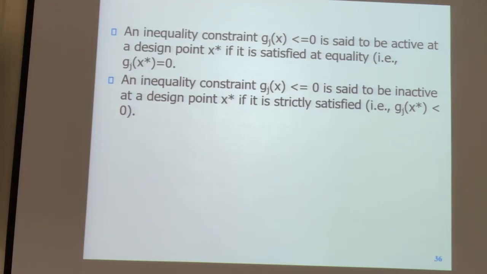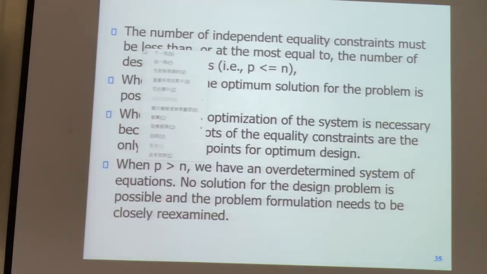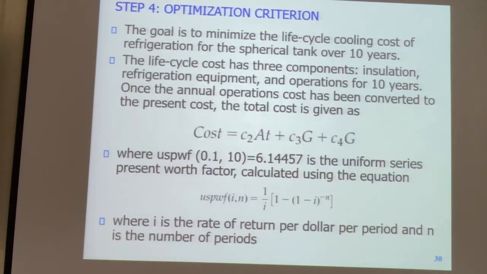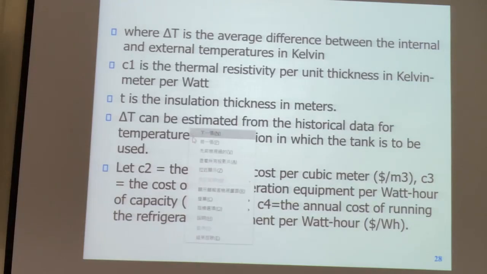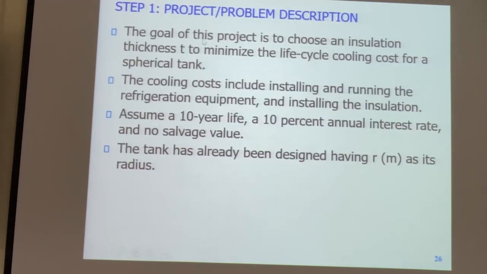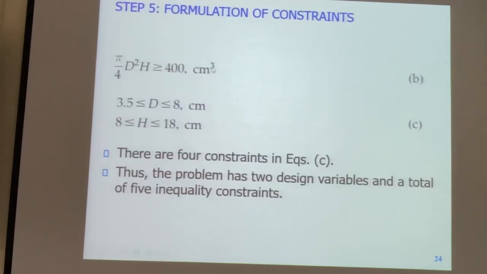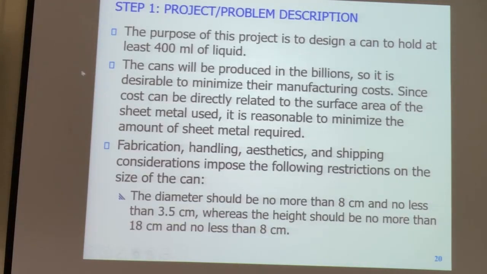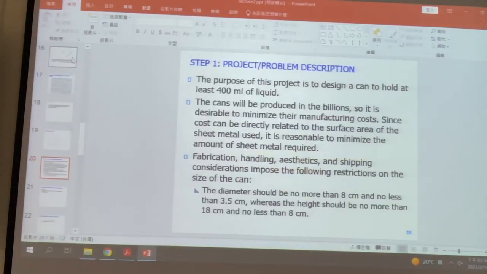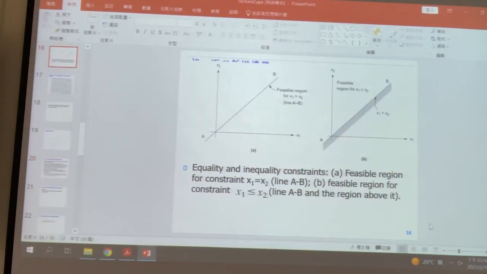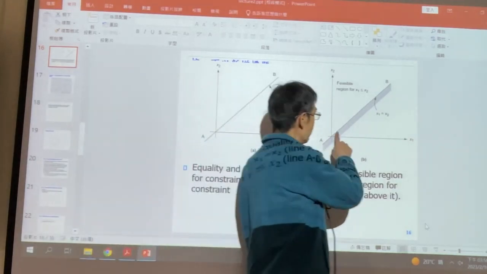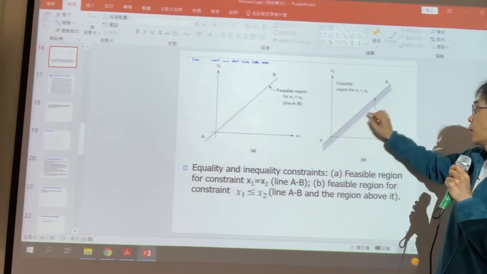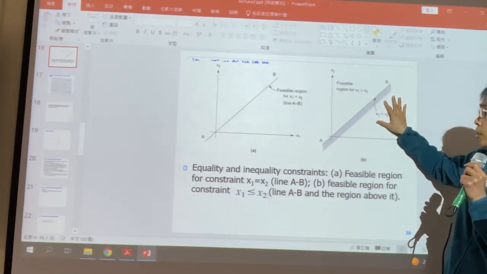Okay, for this point, let's go back to our figure. See, we have an inequality constraint. So all design variables here are feasible, and designs here violate these constraints.